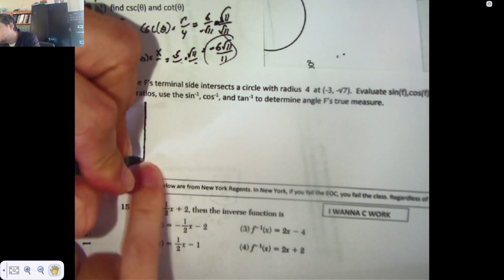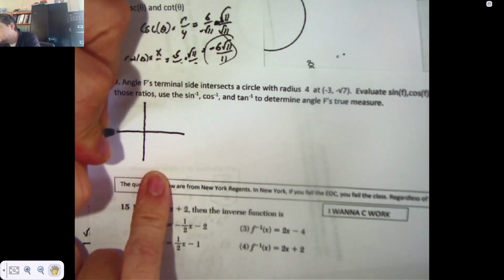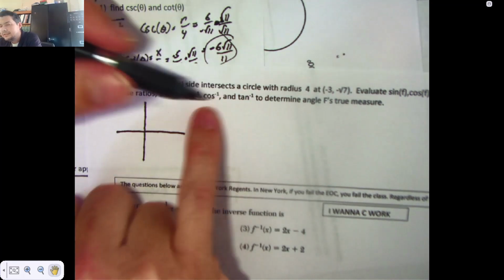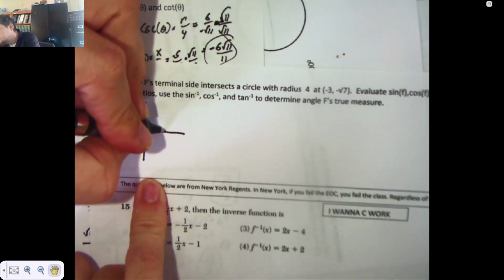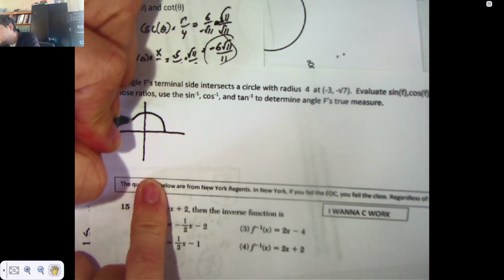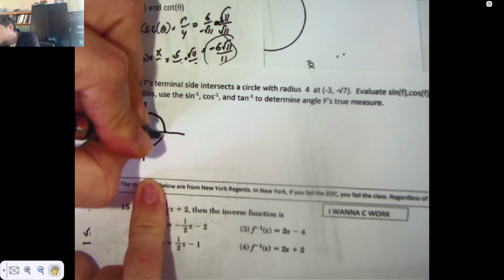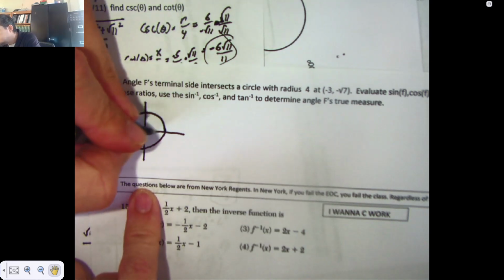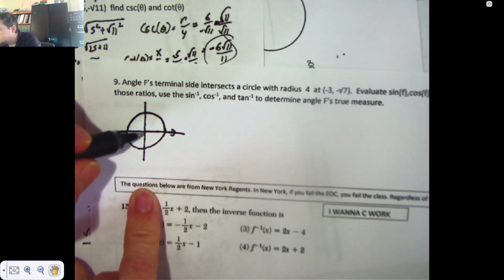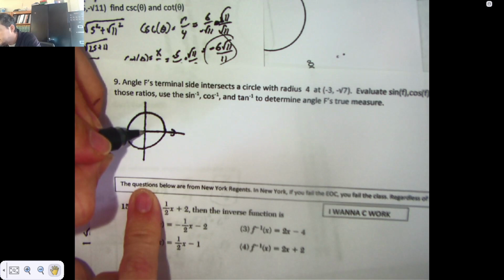So I am going to draw the original situation to help explain why these things don't work. There is a circle. It should say centered at the origin, but whatever. It has a radius of 4. And this angle rotates through the circle in such a manner that it intersects somewhere in quadrant 3.